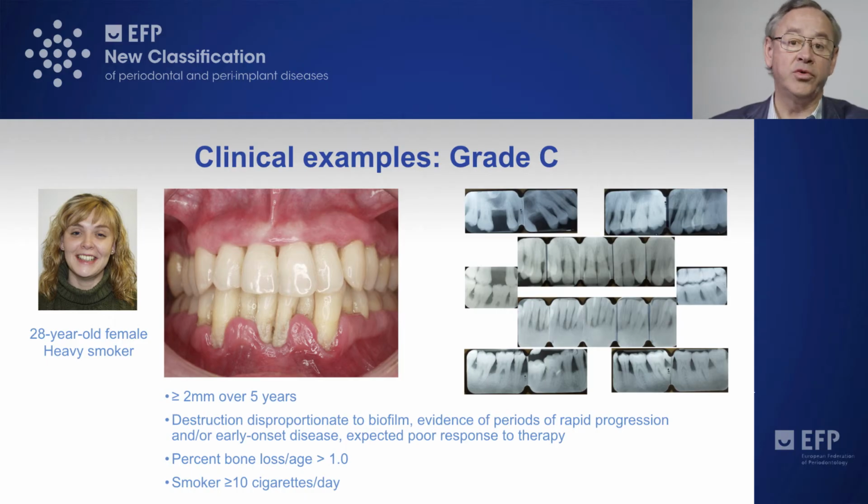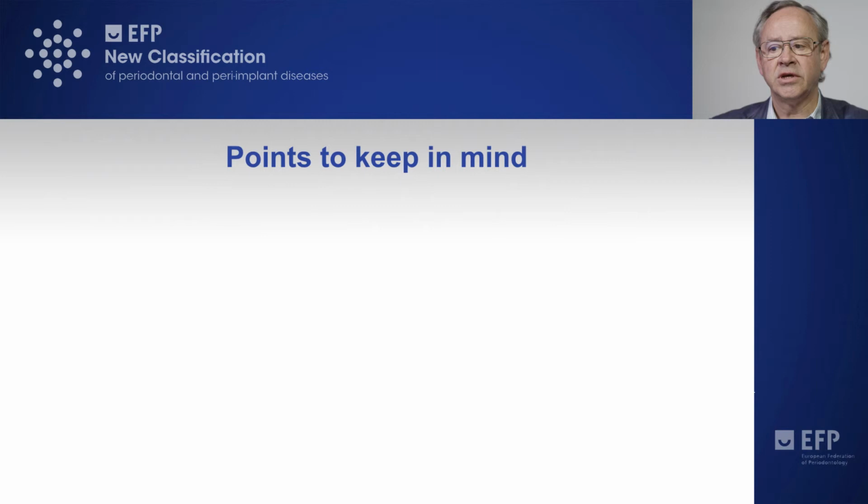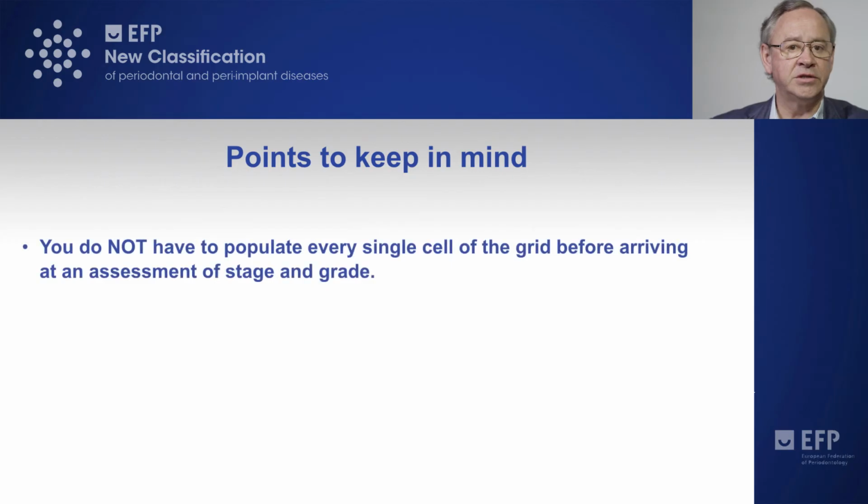Percentage of bone loss to age is clearly over 1, and beyond that, this is a patient that smokes more than 10 cigarettes per day. These have been very simple examples of how we should stage and grade our periodontitis patients.